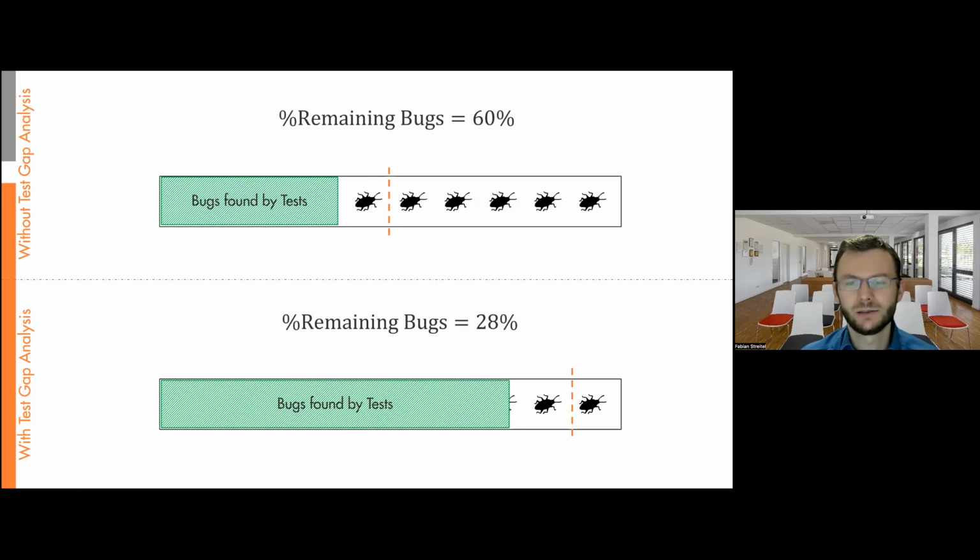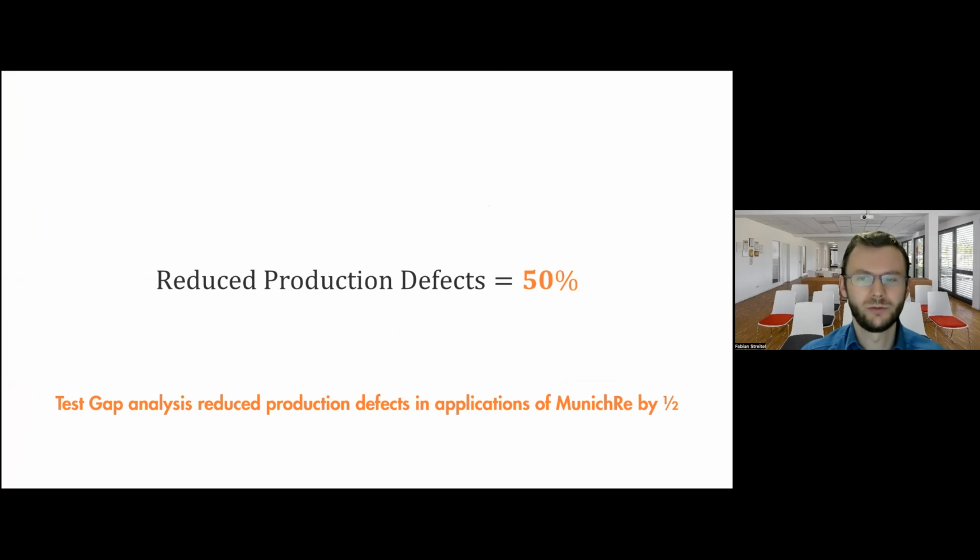And so we found that after test gap analysis, only 28% of the bugs make it into production, and the rest are found by the tests that they have. So due to the changes in testing behavior that the test gap analysis enables, by highlighting the risks when you can still react, Munich Re is saving about half of the production defects that they have across several different applications that we looked at in the study.